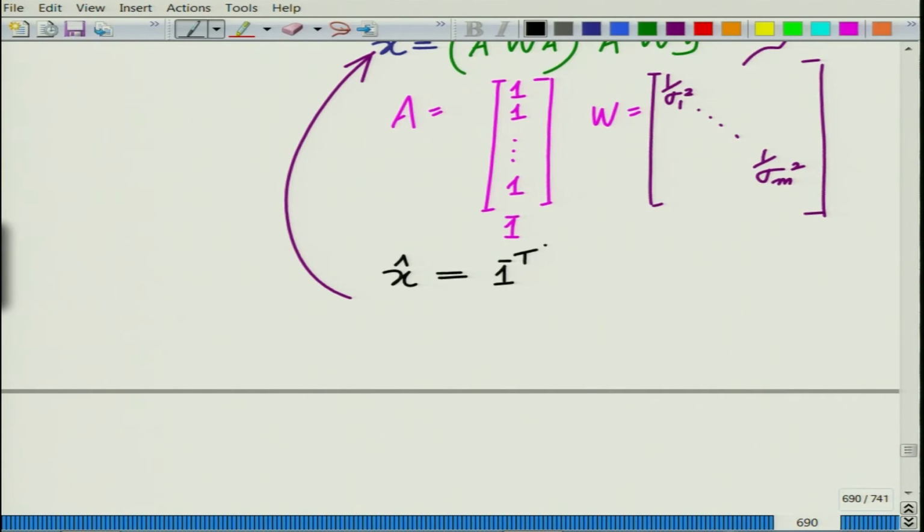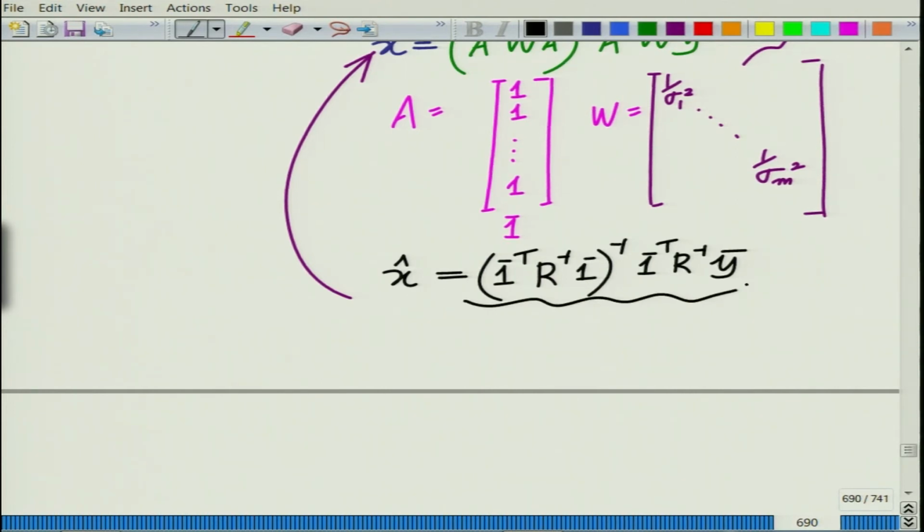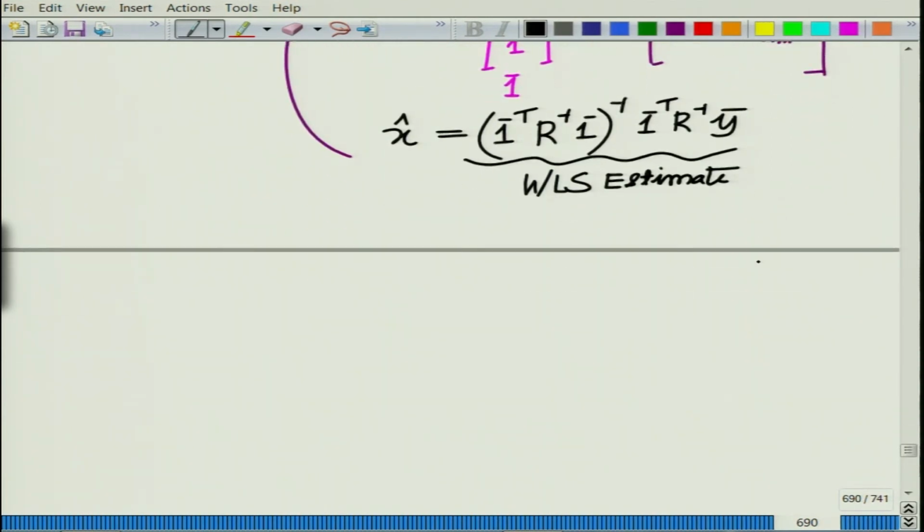So, this becomes 1 bar transpose R inverse 1 bar, further inverse of this times 1 bar transpose R inverse y bar. This is your weighted least squares estimate.